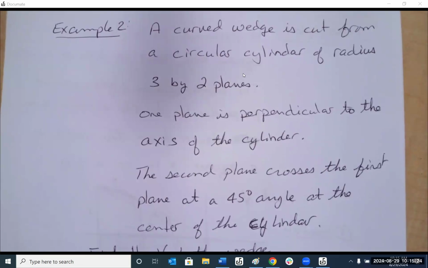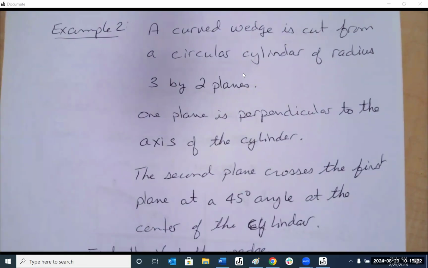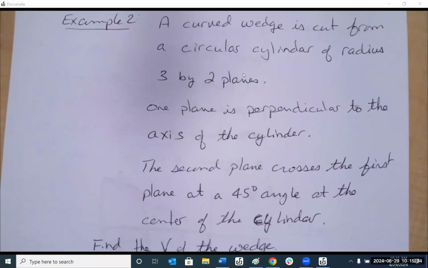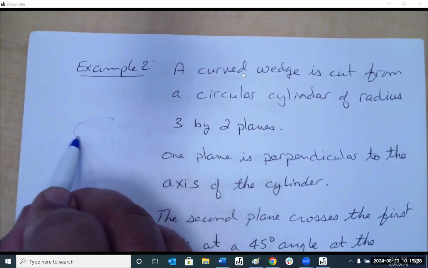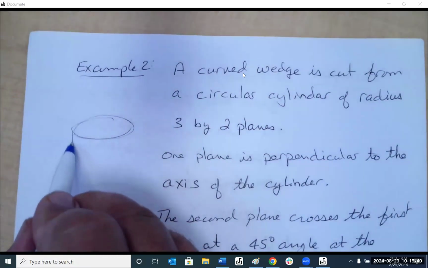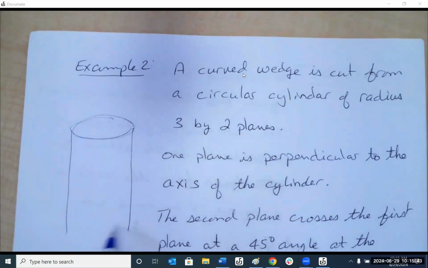Ooh, that one's got a lot of reading. So a curved wedge is cut from a circular cylinder by a radius 3 by 2 planes. So a circular cylinder looks like this.